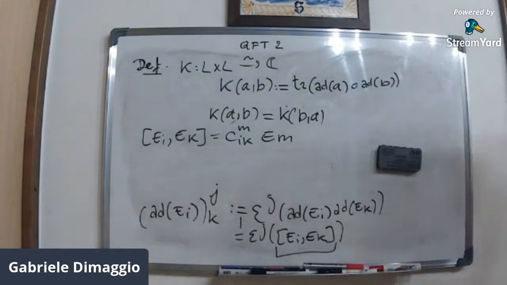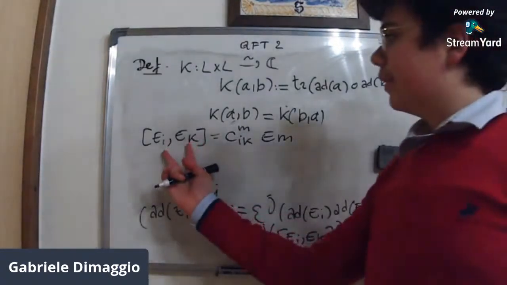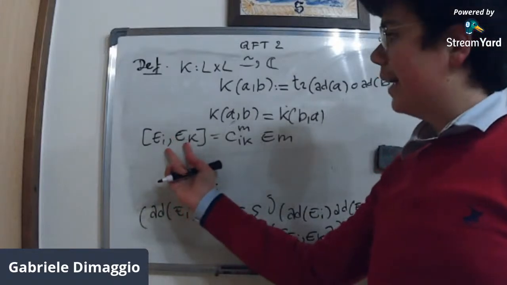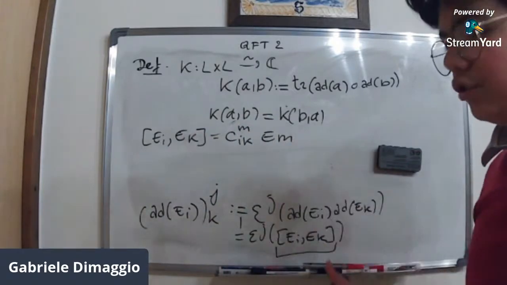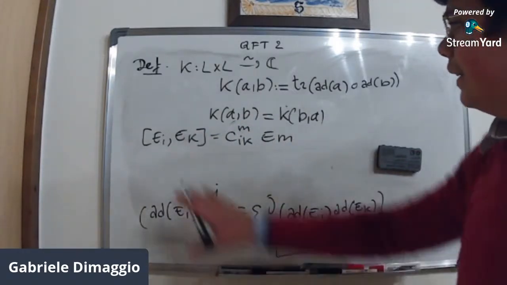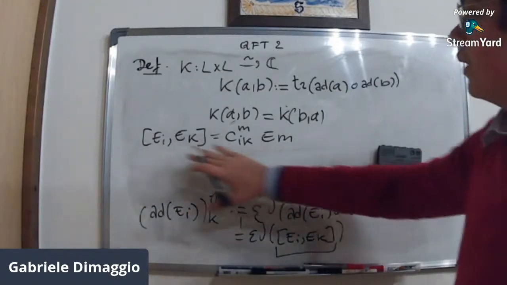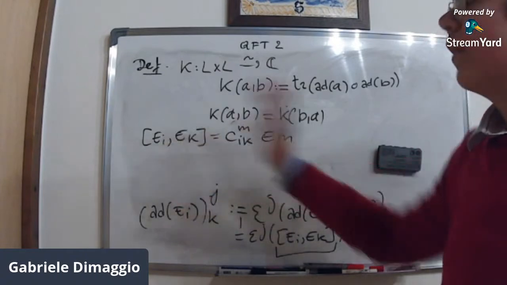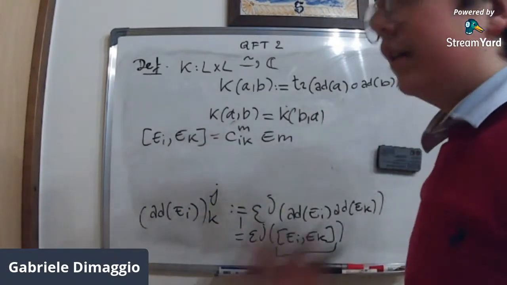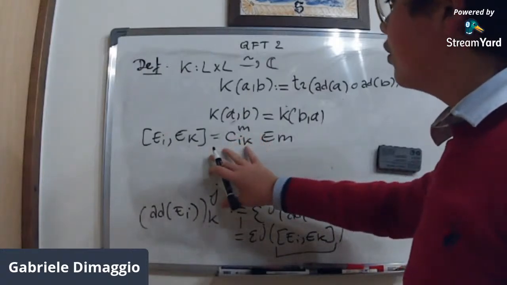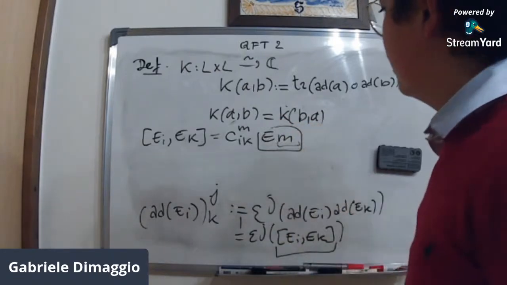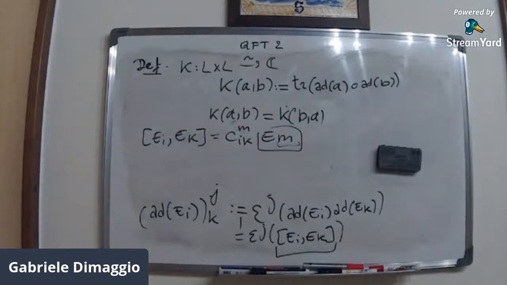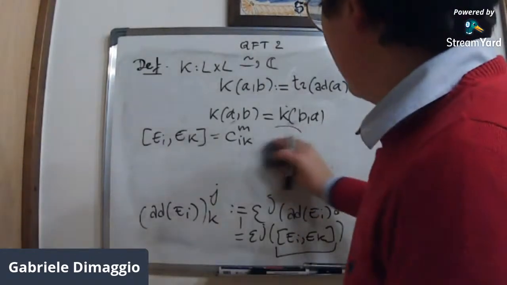These two elements are also elements of a basis of the vector space, and this means that these are the generators of my Lie algebra, and every generator of my Lie algebra must satisfy this property. So I have the commutator between two elements of the basis of my Lie algebra, and this is equal to the structural constants times another element with an arbitrary index m. Perfect.